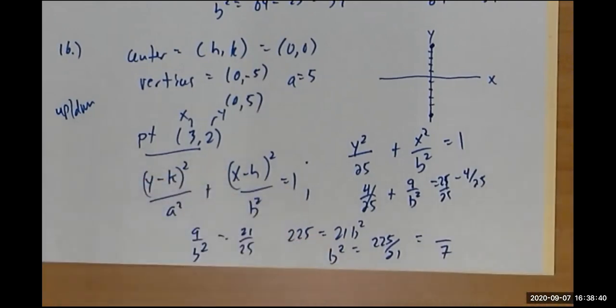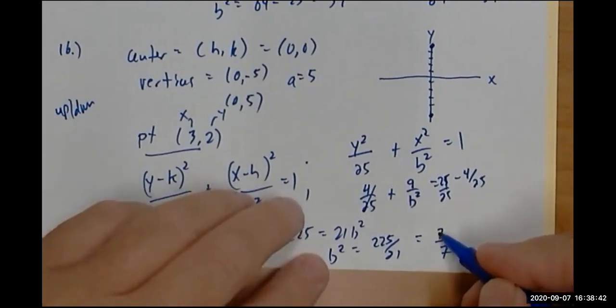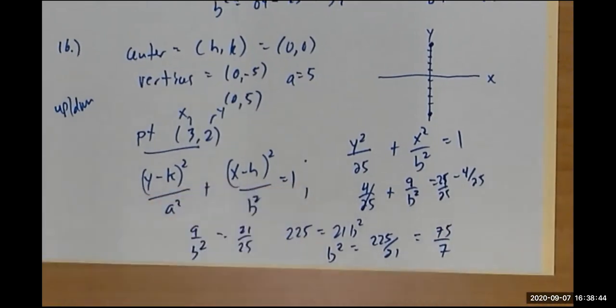So I think it's 75 over 7. Actually, I'm going to have to get a new sheet of paper. I've got too much work to do to have room.